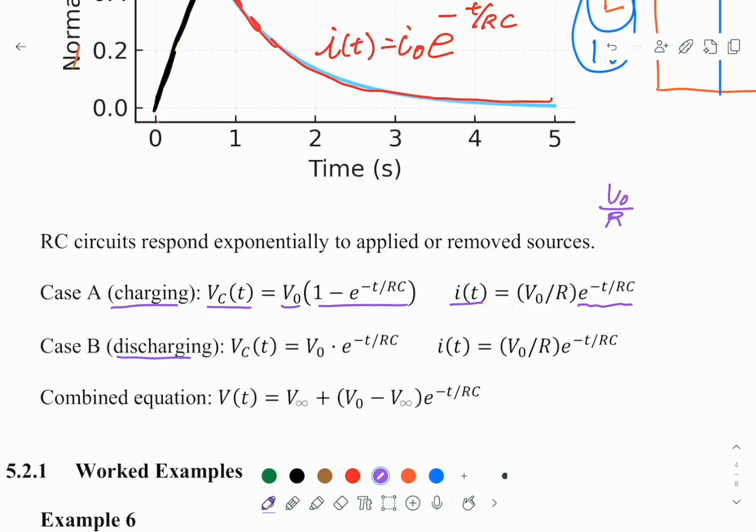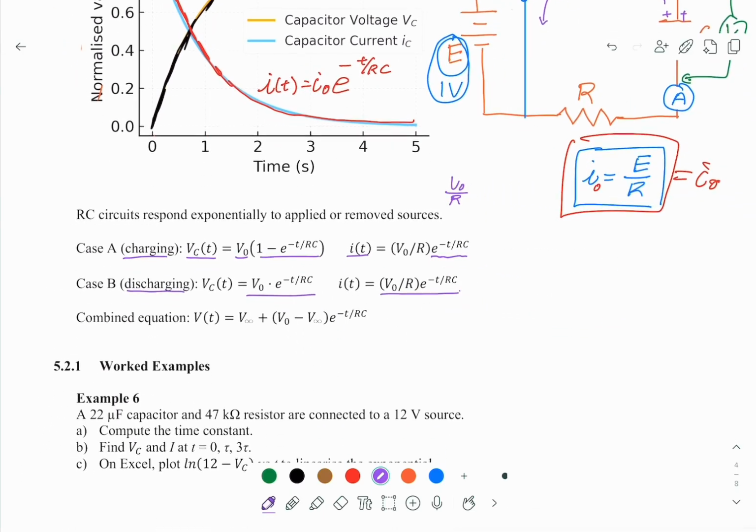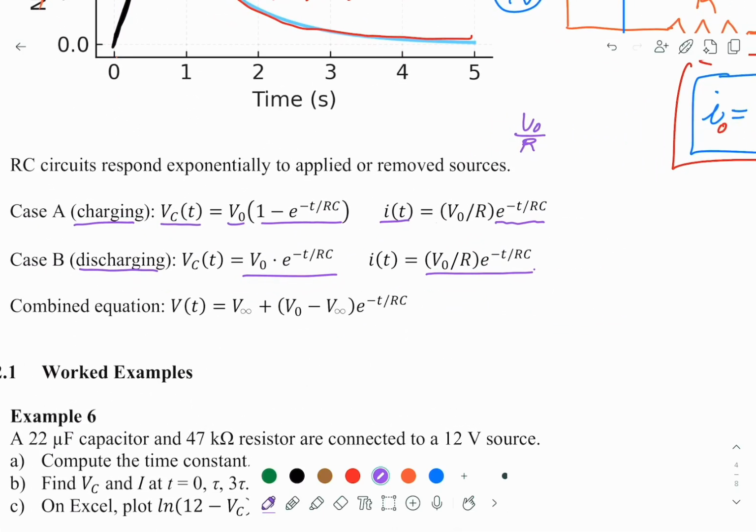When it is discharging, both the voltage and the current exponentially decay. Sometimes people combine these two into one equation, but I prefer you just use this set of equations. They're more intuitive.